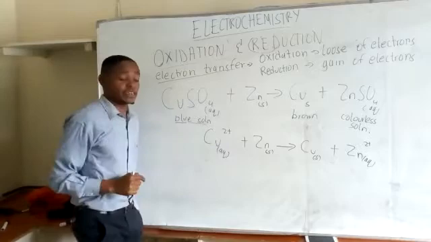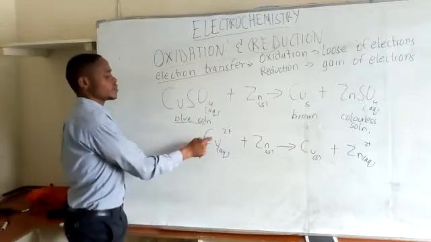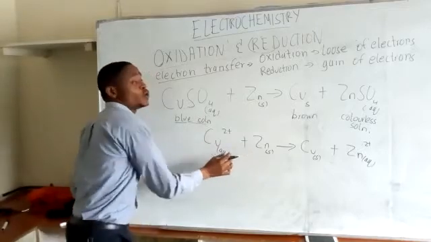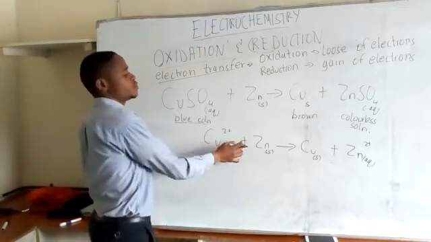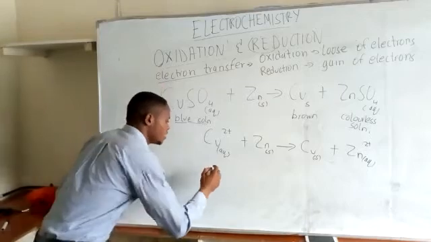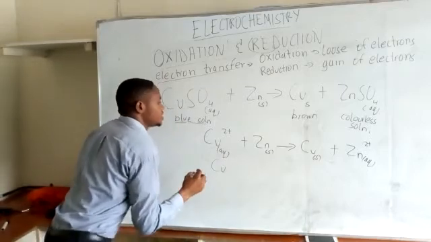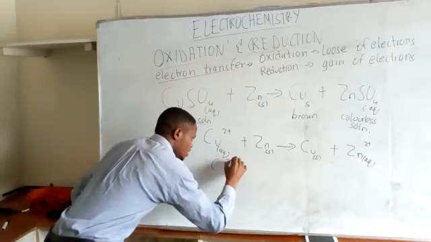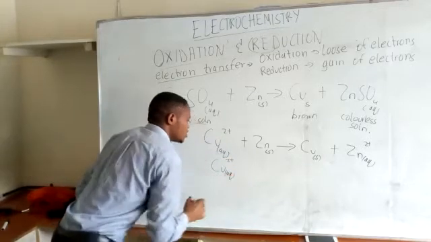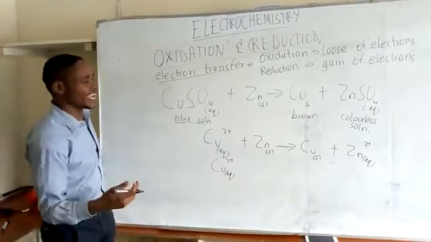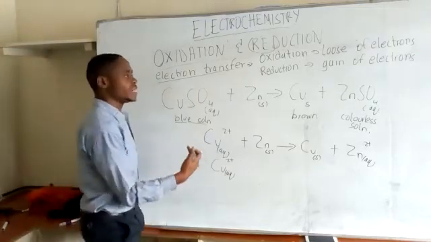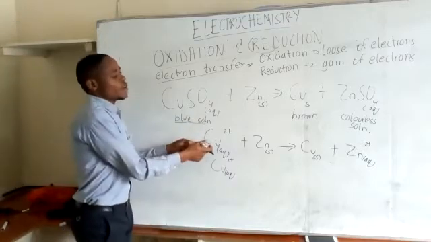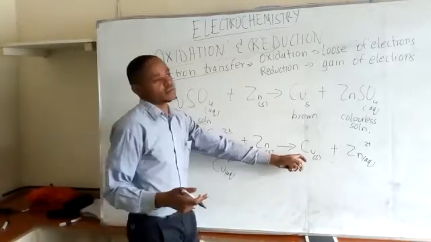The first one, we can have a look at copper. We can derive two half equations from this. What is happening to copper? At the beginning, copper is in aqueous state, it is in solution form, and as it reacts, copper is gaining 2 electrons. You ask yourself, how did this copper get here?